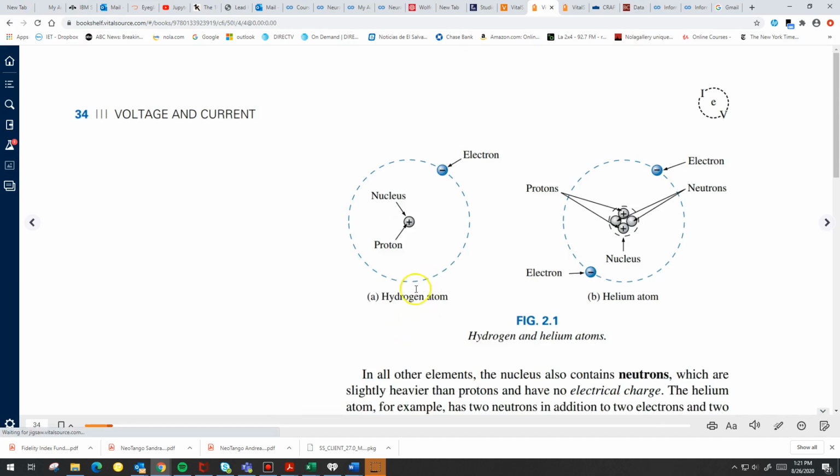As you can see here from the hydrogen atom, which has one proton and one electron. Some elements also have a nucleus. Okay, the nucleus doesn't have a charge, if you will. It's neutral. They don't contribute anything in terms of what current is.